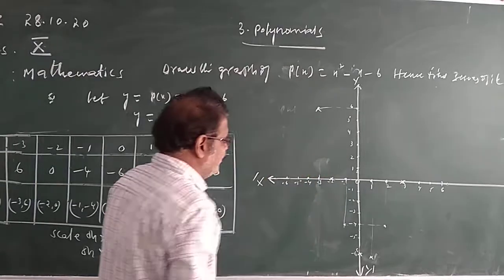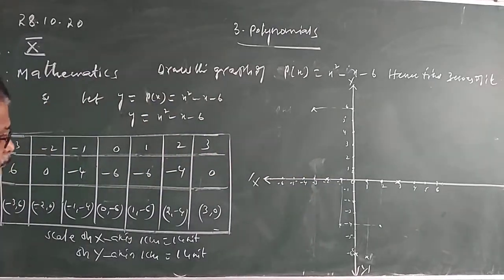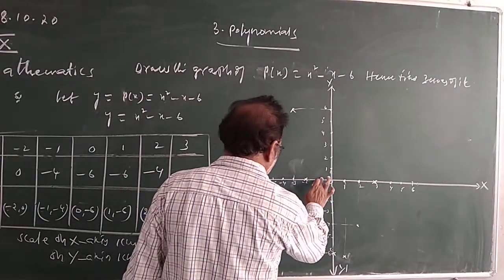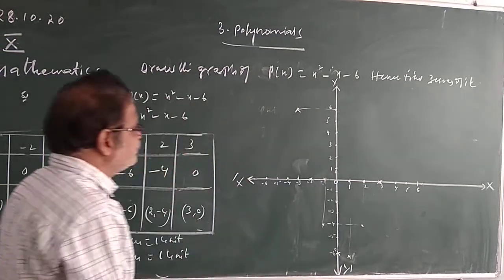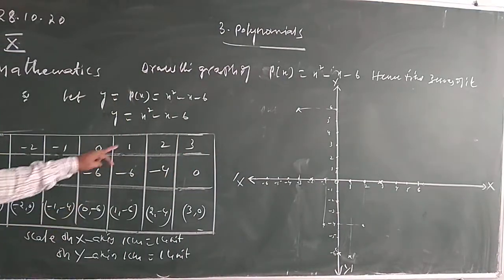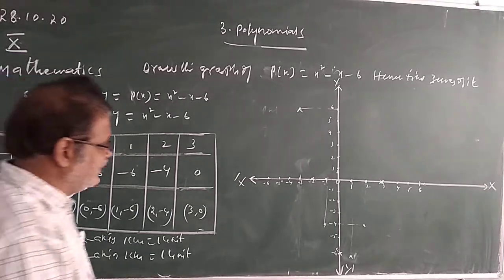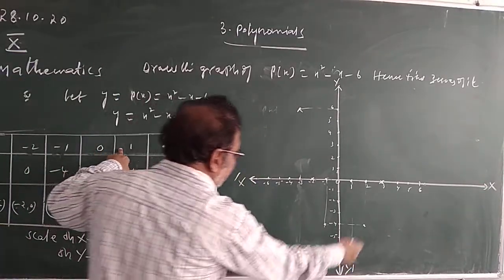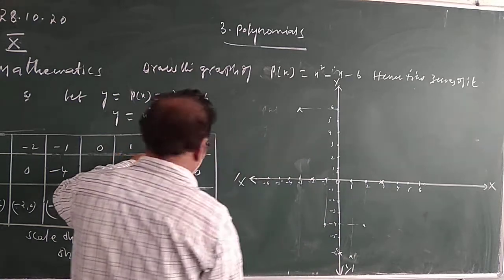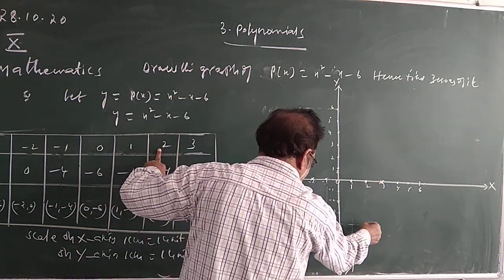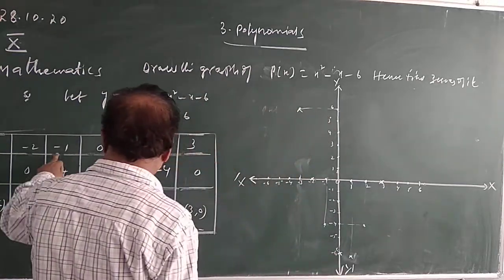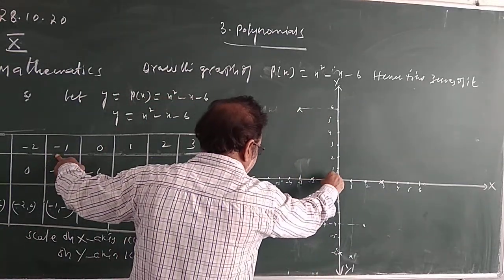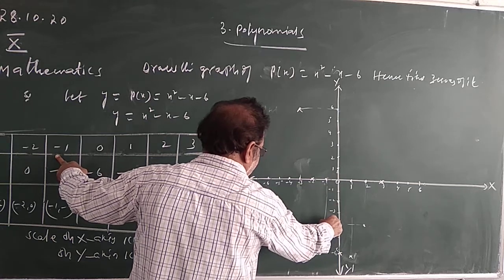Like this, you join this. Corresponding to 1, corresponding to 0, minus 6; corresponding to 1, minus 6; corresponding to 2, minus 4; corresponding to 3, 0; corresponding to minus 1, minus 4, like this.